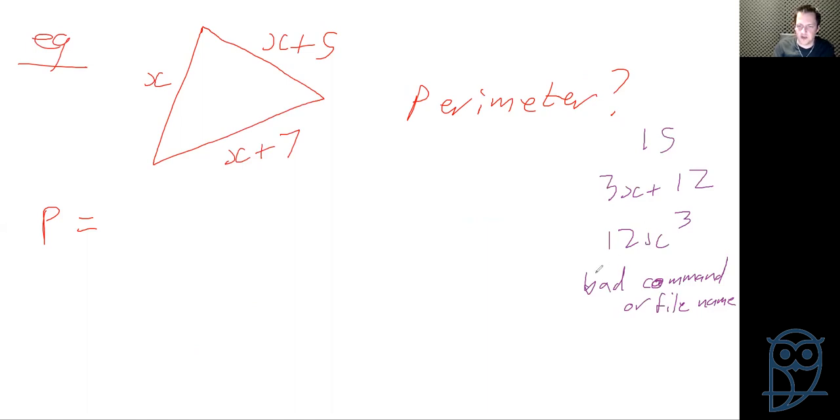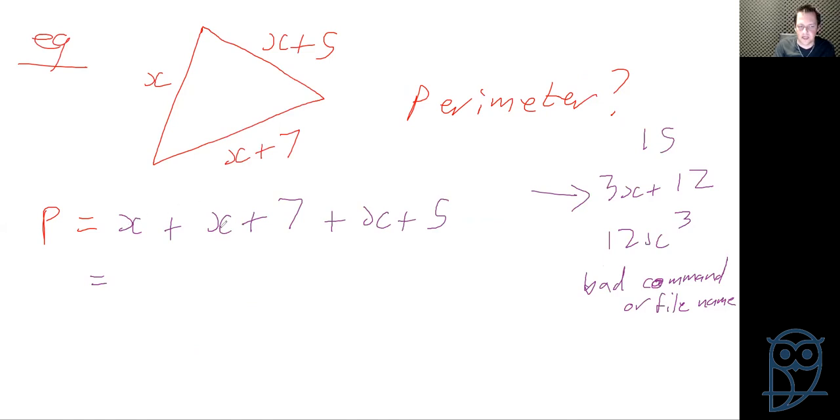All right, well, some of you have figured out my mathematical powers and are getting it right. The correct answer is indeed 3x plus 12. How did we do that? Well, what is perimeter? Perimeter is the sum of the lengths of the outside edge. So we add all the three together. x plus x plus 7 plus x plus 5.